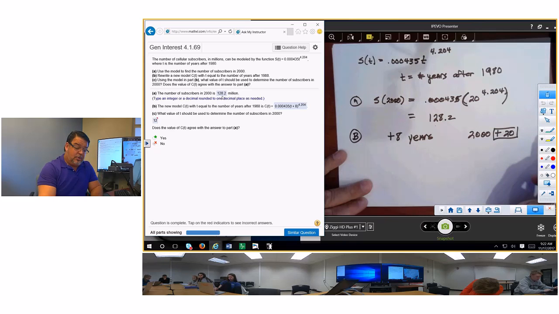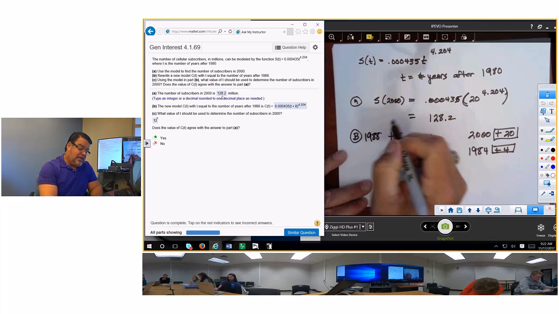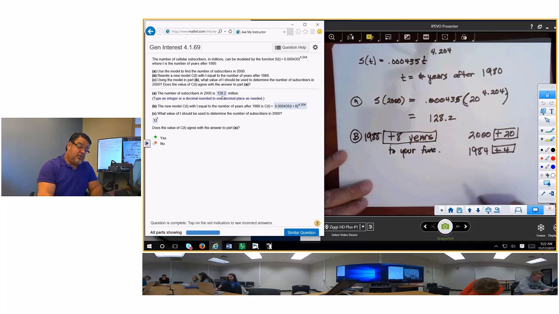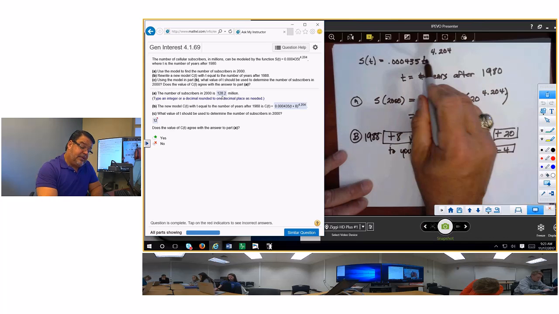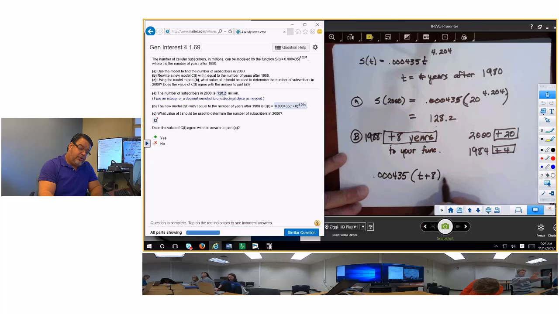If it was 1984, it would be 4 years. But in this case, they're saying 1988, you got to add 8 years to your function. So that means instead of t, it's going to be t plus what? Should be t plus 8. It is. And then have t plus 8 raised to the 4.204 power.